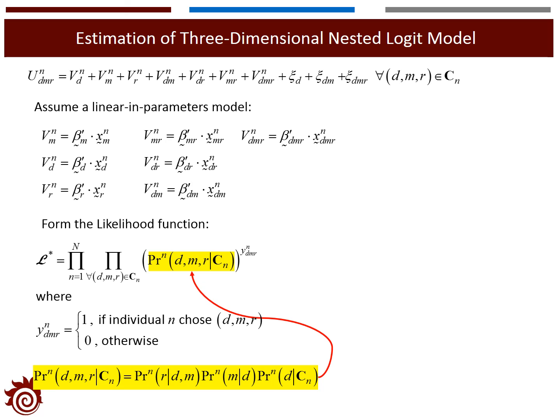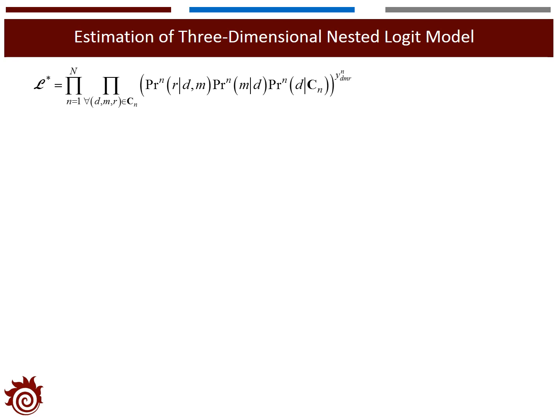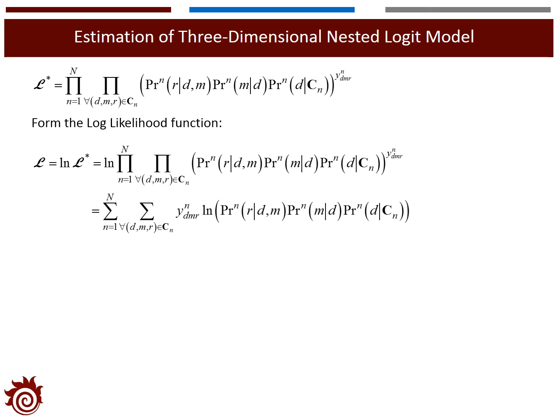We also know that the joint probability would be the product of the conditional probabilities and the marginal probability, so we can replace the joint probability with the 3 probabilities. We also apply the log transformation to the likelihood function and change the product operations into summation operations.